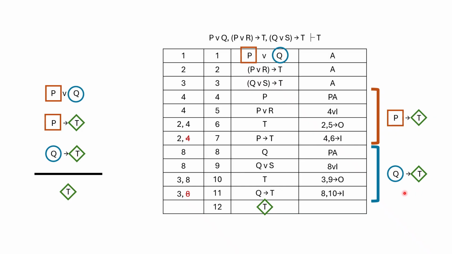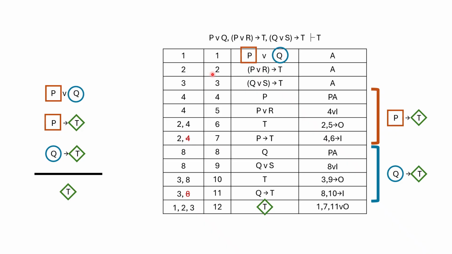And once we get our three pieces, now we have our disjunction here, we have the arrow statement derived here, we have the other arrow statement derived here. So we can assert the T here in line 12, and we need to cite all three lines where our pieces are at.